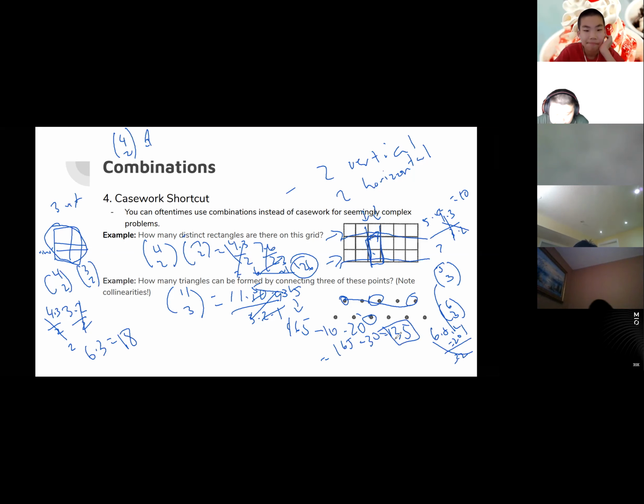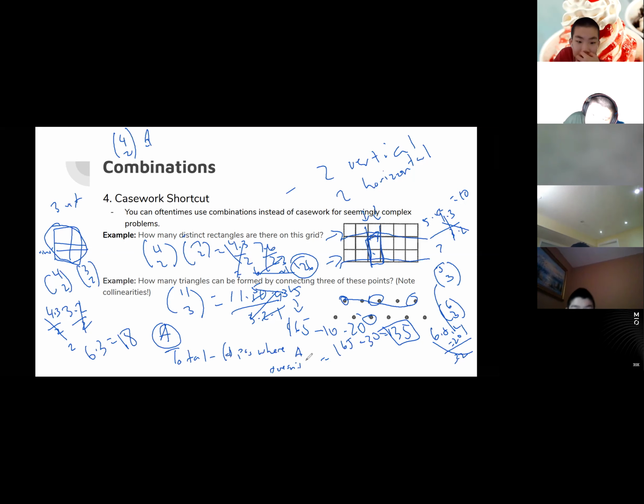And actually, we used a technique that we're going to go over later, not today, which is called complementary counting, which is essentially, for finding the number of possibilities where A happens, you find the total minus the number of possibilities where A doesn't happen. So what do I mean by that?